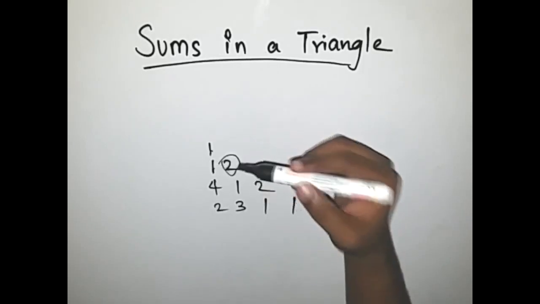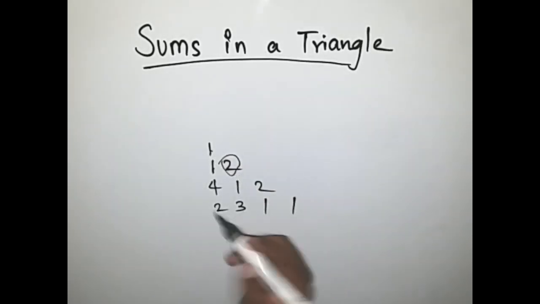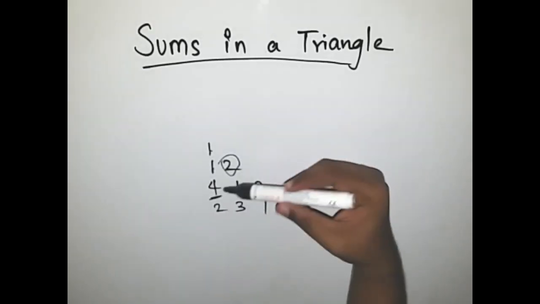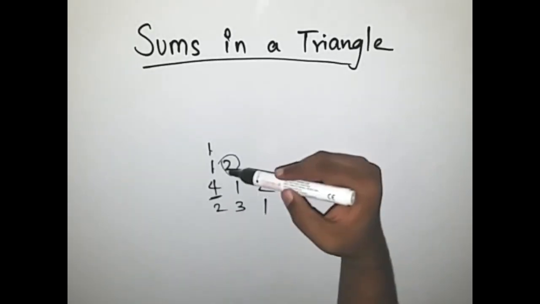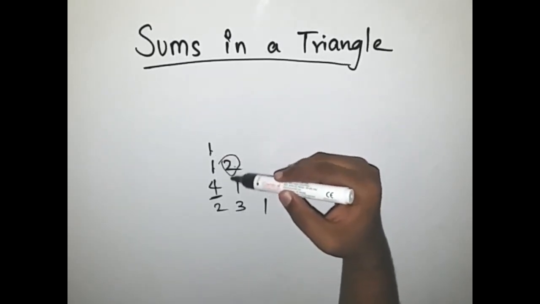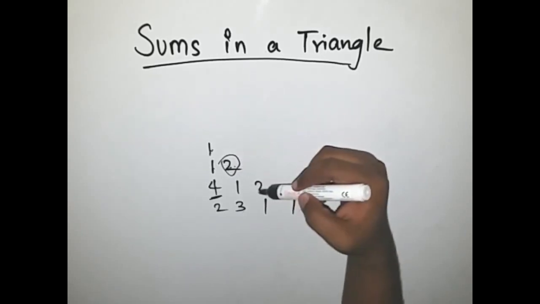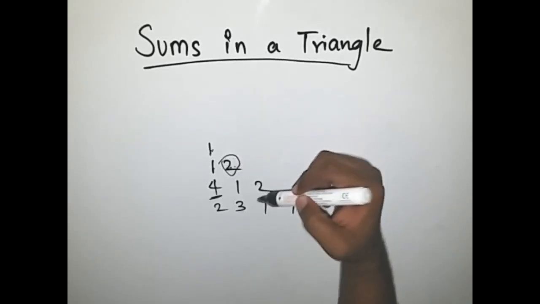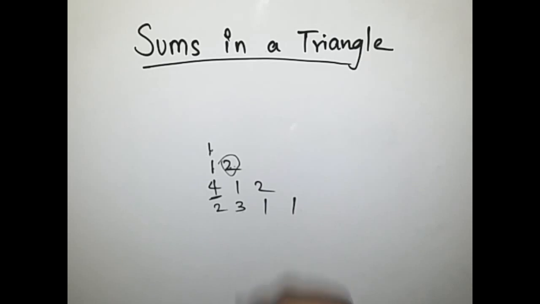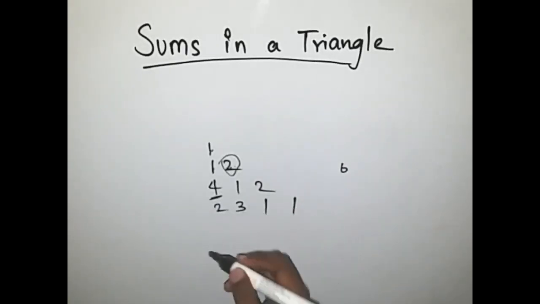So we take 2 and add it to 1 to get 3, but then we miss out this 4 here, which gives us the maximum answer. If we take this 2, we get 1 plus 2 is 3, plus 2 is 5, and after that we have just 1. So according to this approach we get 6, while the actual answer is 9.